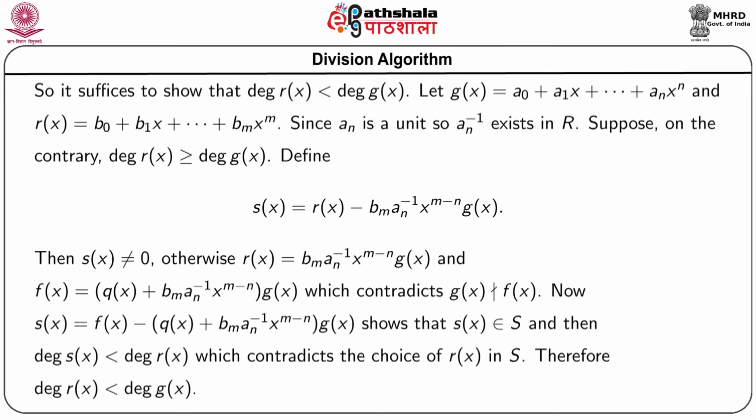Also we have the degree of S(x) is less than the degree of R(x), which contradicts the choice of R(x) in S as a polynomial of least degree. Therefore, the degree of R(x) must be less than the degree of g(x).